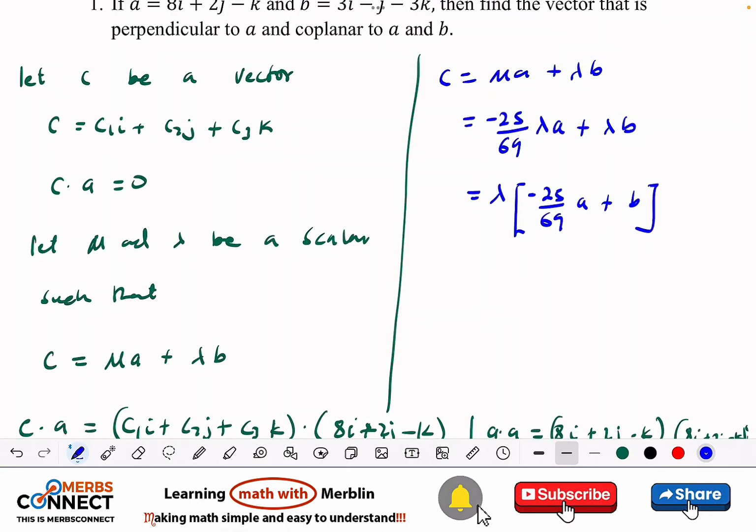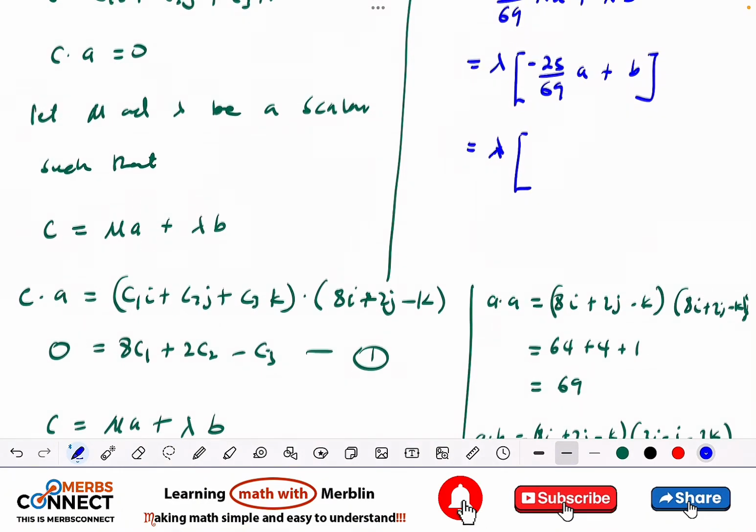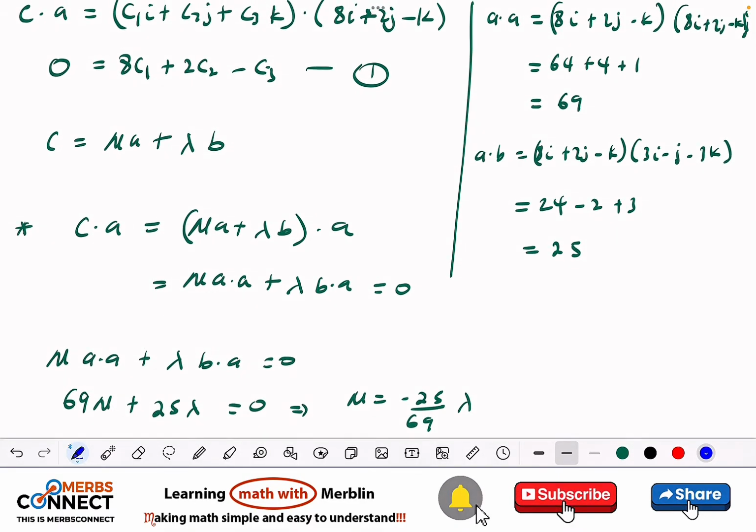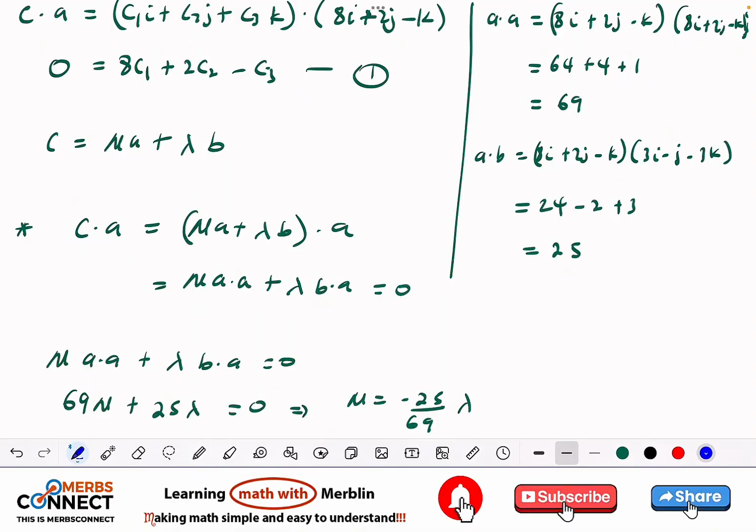Let's do the multiplication. So this is going to be lambda out, and then I need to multiply through by... okay, well, let me just interchange something here. Let me rather make lambda the subject, so that it's the same thing.